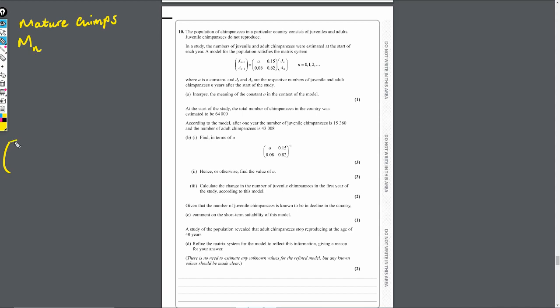So it'll be Jn plus 1, An plus 1, and then Mn plus 1. This is equal to a 3 by 3 matrix now. So this 3 by 3 matrix, for the values, you can put pretty much anything in because you're just representing what this system could be, this model, right?